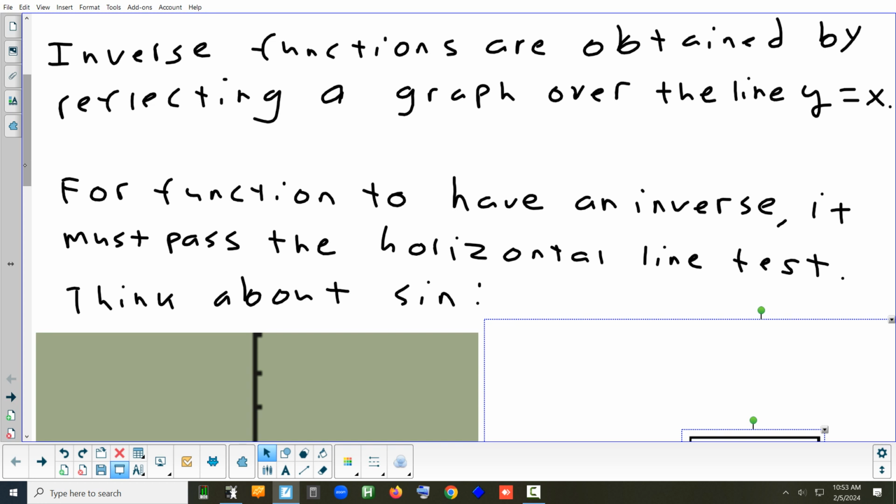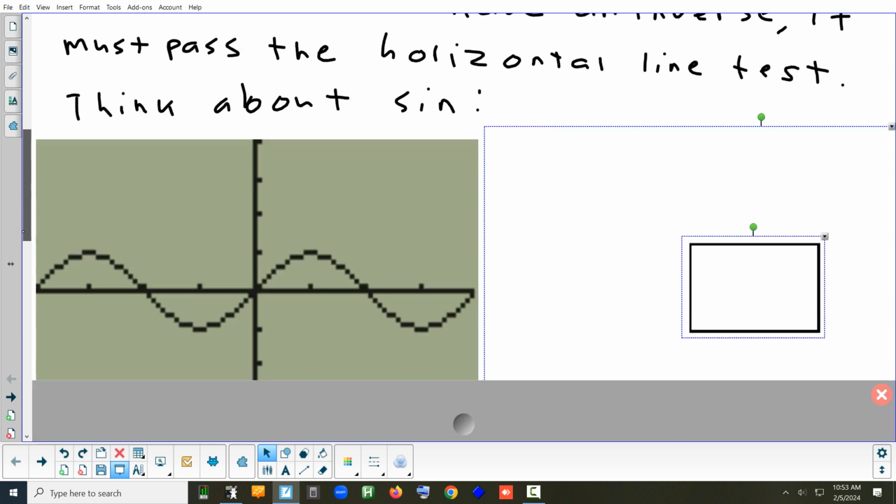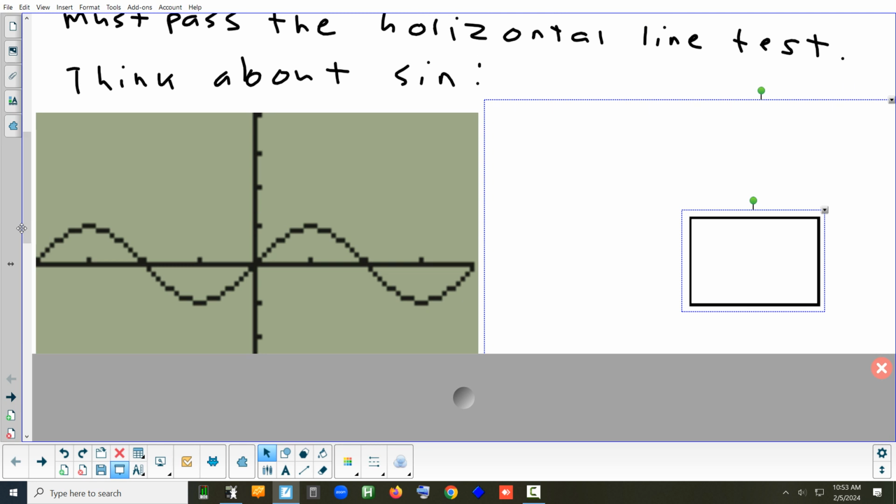We need to work with functions. If we work with things that aren't functions, it's not going to work. So we can make this pass the horizontal line test, kind of like I made the parabola pass the horizontal line test. Instead of looking at the whole thing, we're going to focus on just a window.